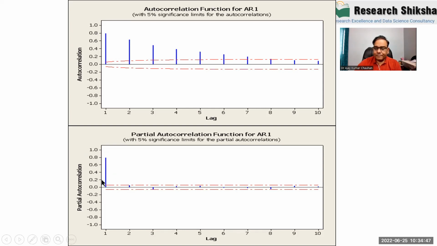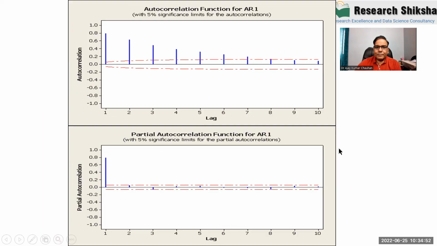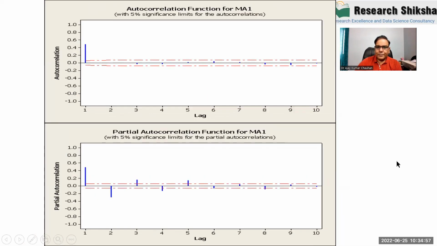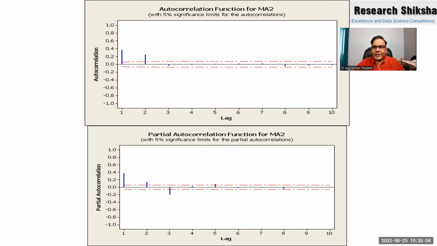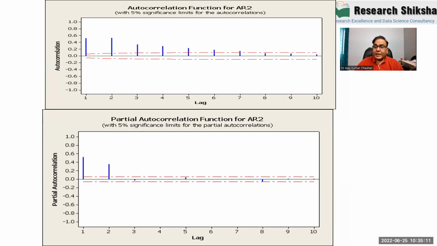Similarly, if you see this series, it is an AR2 series. There are two significant spikes in the partial correlation, and the autocorrelation is just declining. So it is a pure AR2 series.